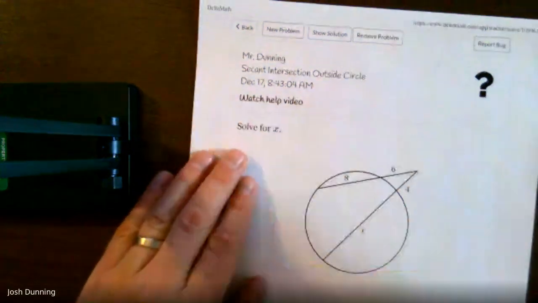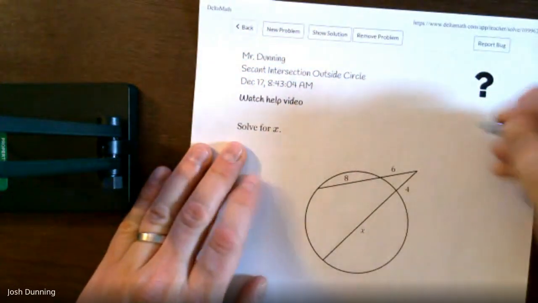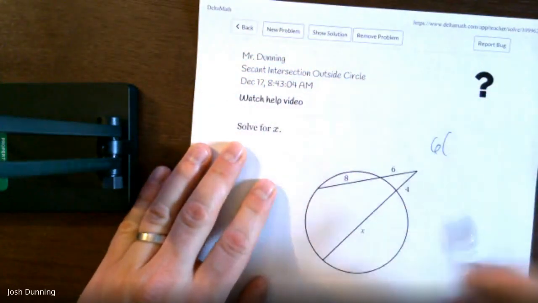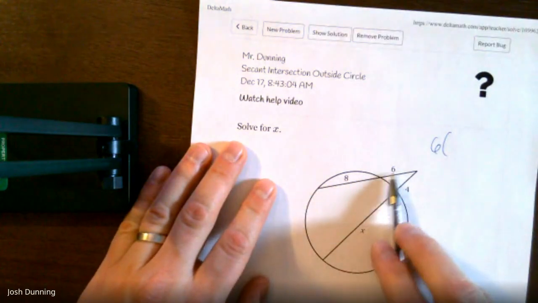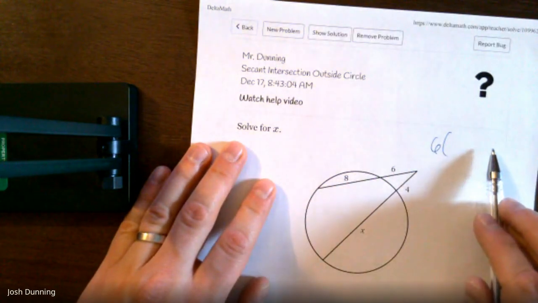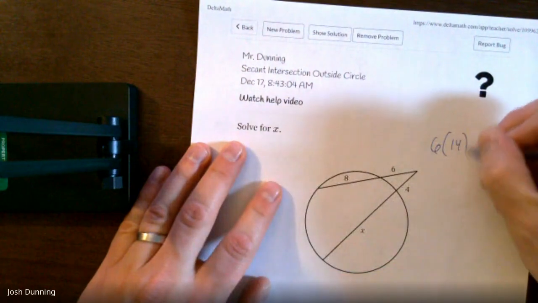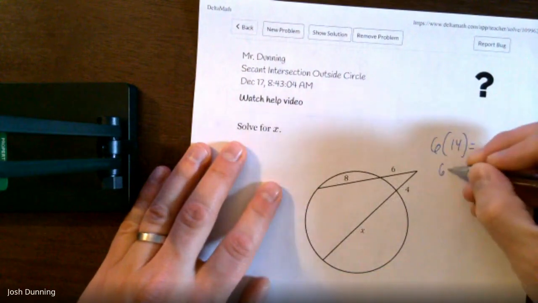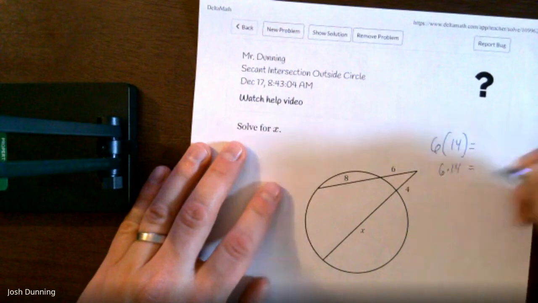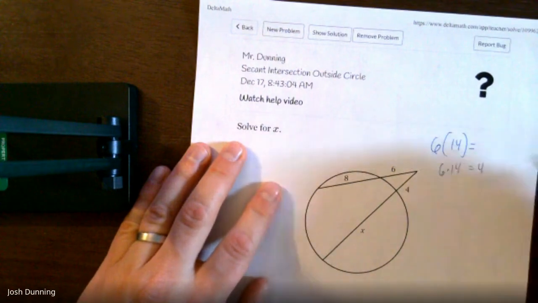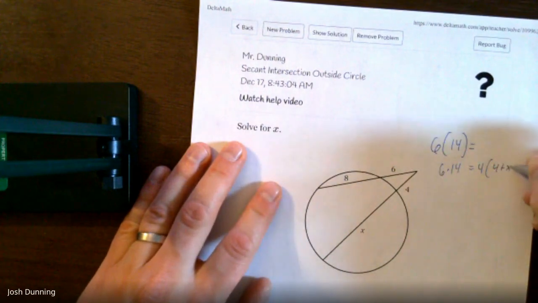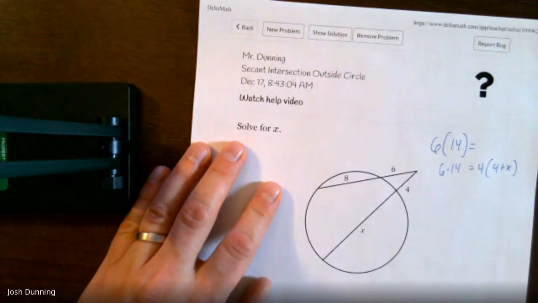All right, again, outside times the whole thing. Now, the whole thing would be 6 plus 8, which is 14. So it's 6 times 14. And then the 4 is outside of the circle. The whole thing would be 4 plus x.